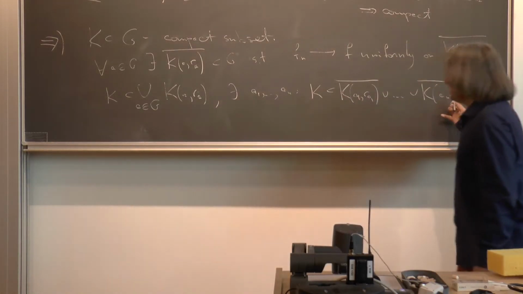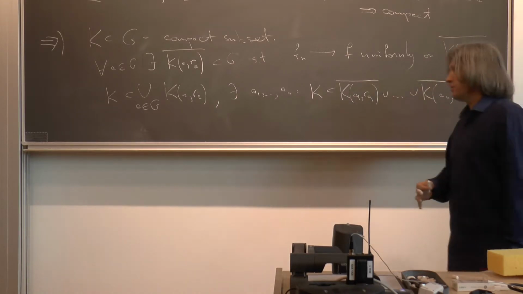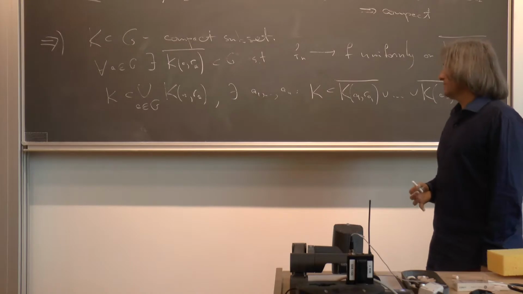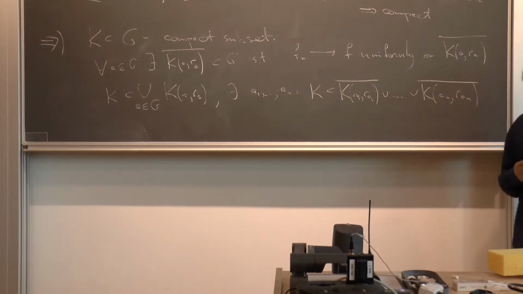It's a finite union, and for uniform convergence, you can prove it by definition in epsilon-delta language, but uniform convergence definitely has this property that if a sequence converges uniformly on one subset and on another subset, then it converges uniformly on the union. So uniform convergence respects finite unions of subsets.